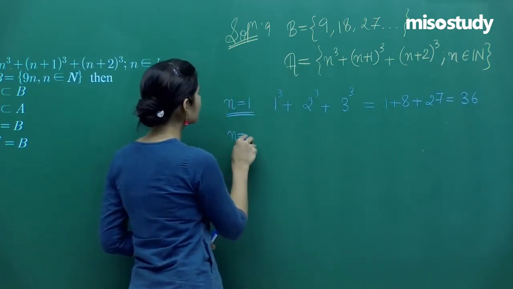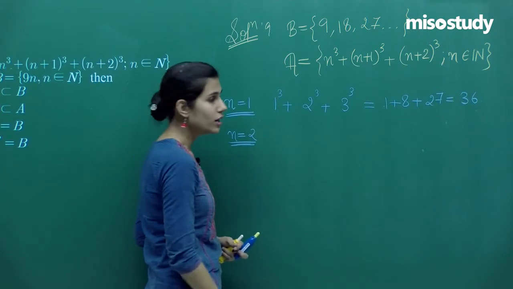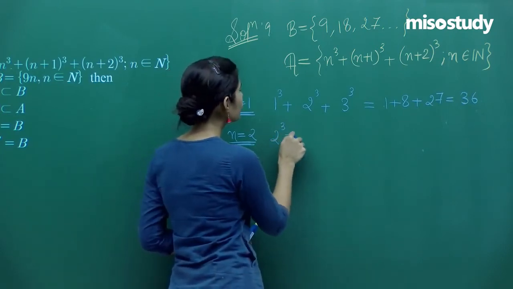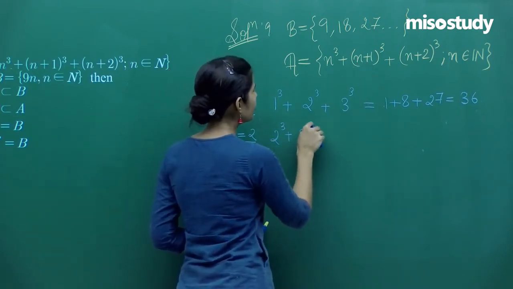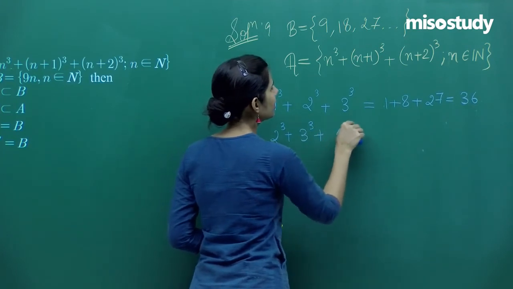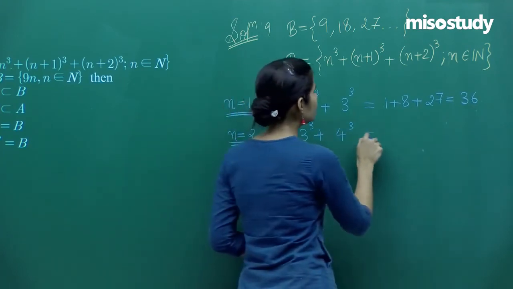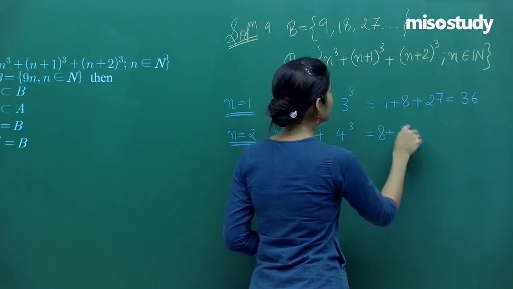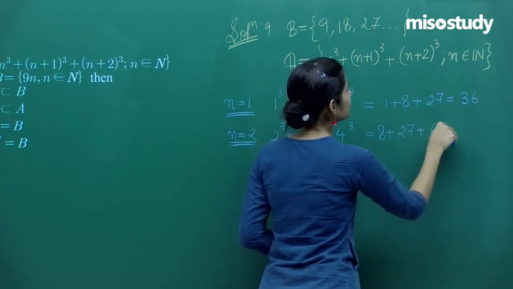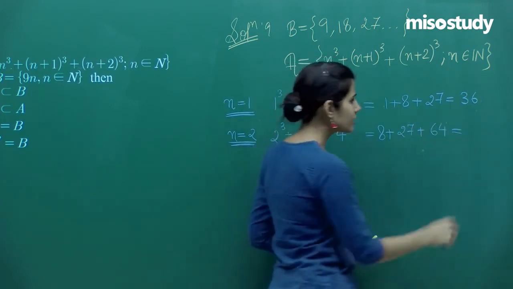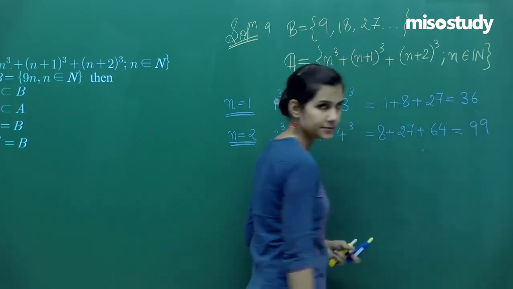Next, if I put my n equal to 2, what I get is 2 cube plus 3 cube plus 4 cube, which is 8 plus 27 plus 64, which is going to give me 99.